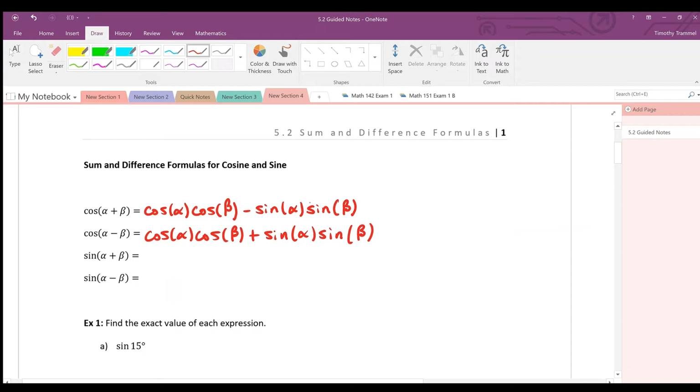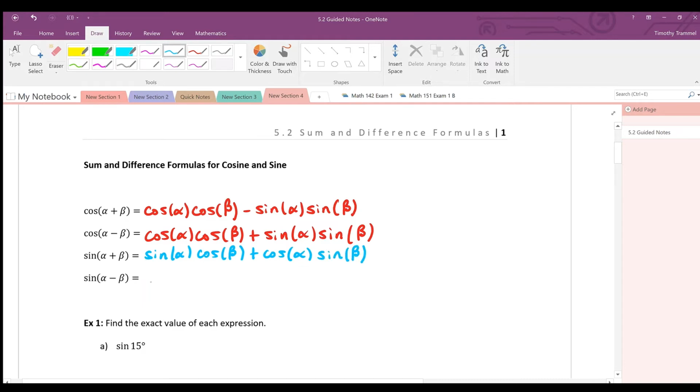Now the ones for sine actually alternate between sine and cosine, unlike these ones that are cosine, cosine, and then sine, sine. Let me show you what I mean. So sine of alpha plus beta is equal to sine of alpha cosine of beta plus cosine of alpha sine of beta.